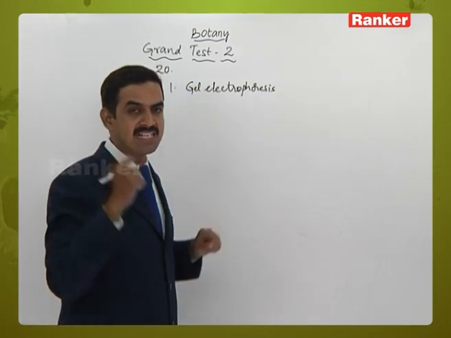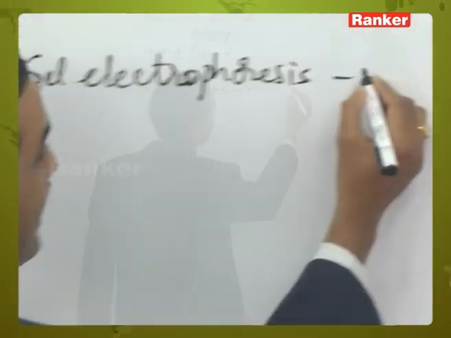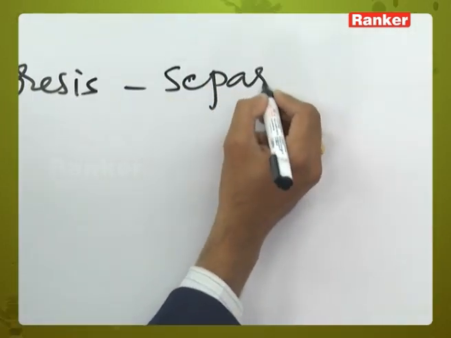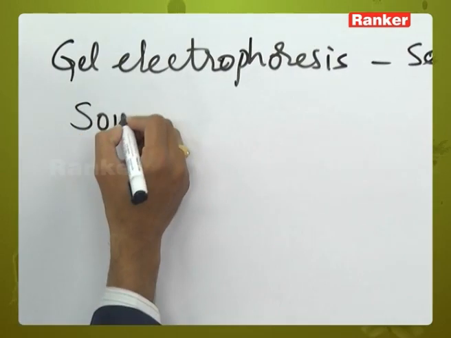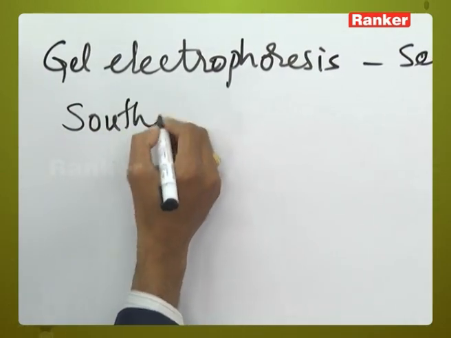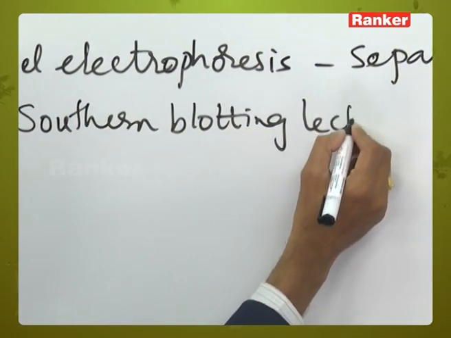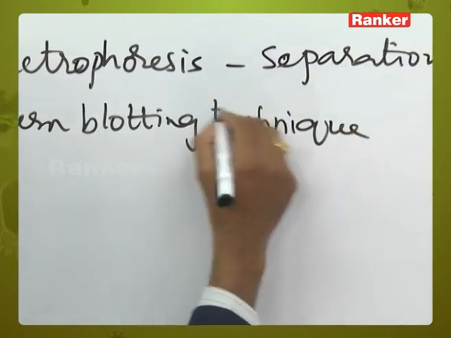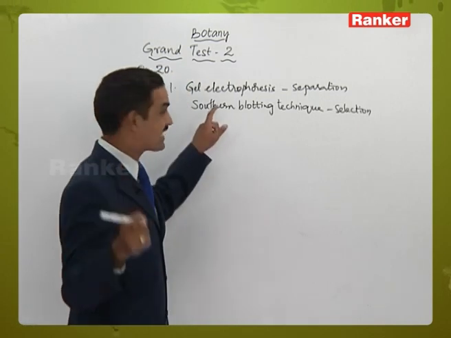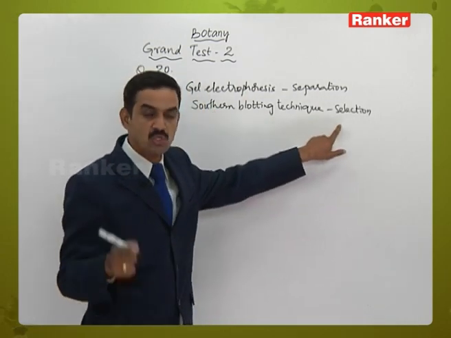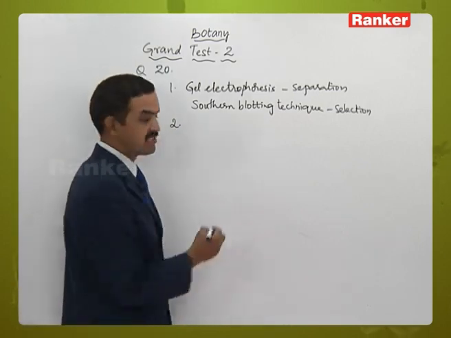But in the statement it is given as selection of DNA fragments. Okay, here it is the separation process. There is one other method called the Southern blotting technique, which is useful for the selection of DNA fragments. But in the question it is given as gel electrophoresis for selection. So that is incorrect.